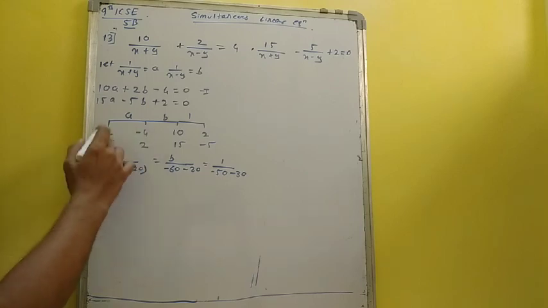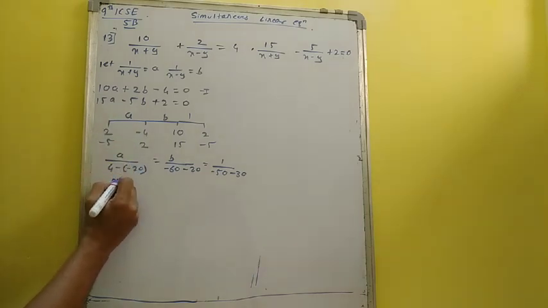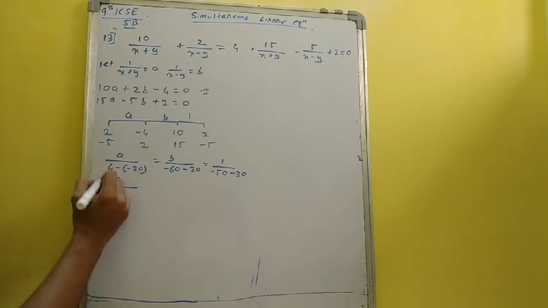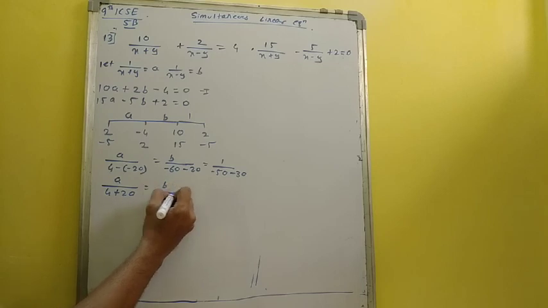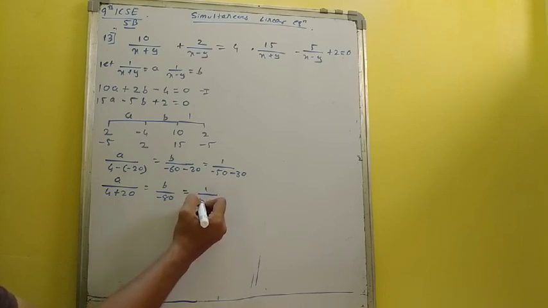Okay, 2 2s are 4, 5 4s are 20, so it is a upon 4 plus 20, b upon 80 and 1 upon, again it is 80.